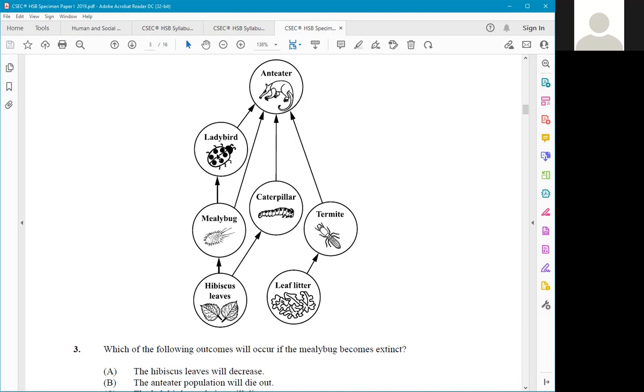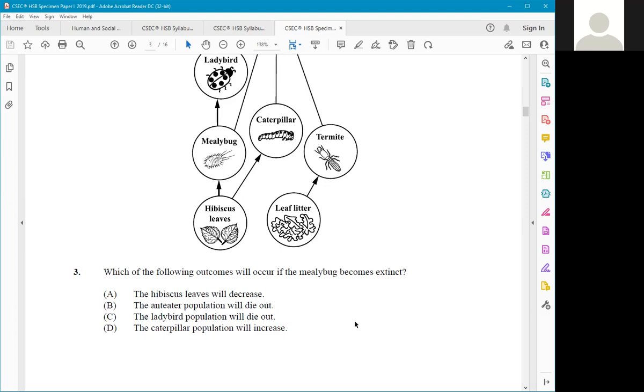The ladybird might have a problem because the ladybird's source of food, according to this web, is the mealybug. So the population of the ladybird might decrease as a result of the loss of the mealybug from its diet. So let's see what the options are.